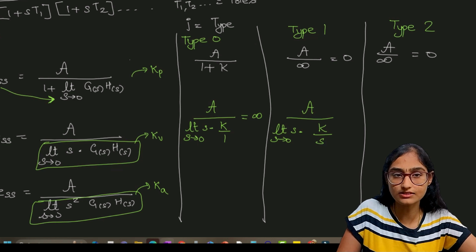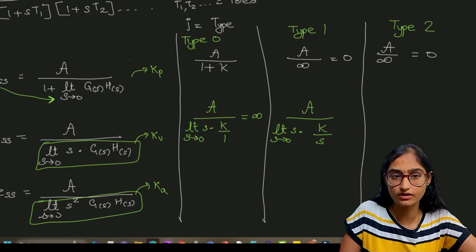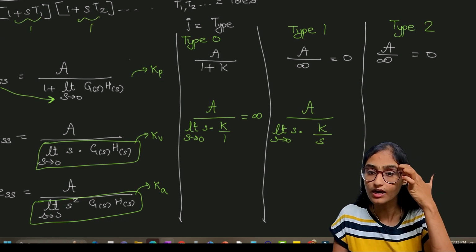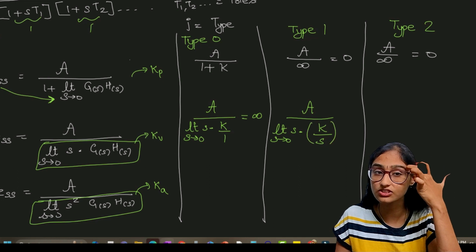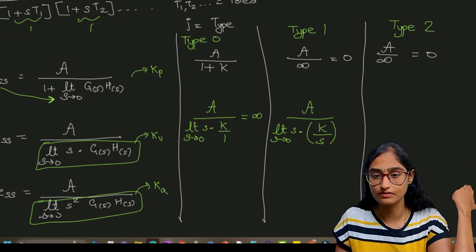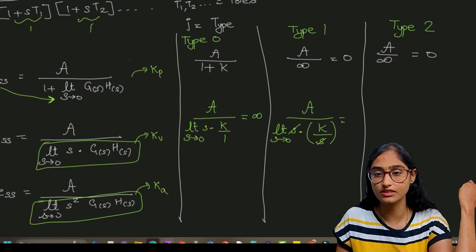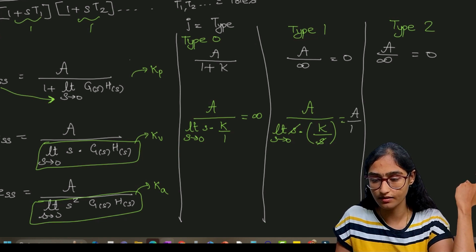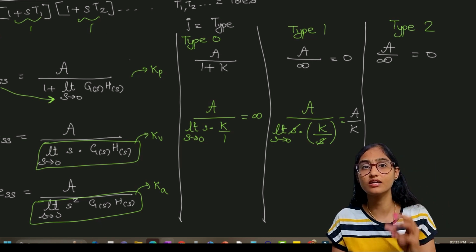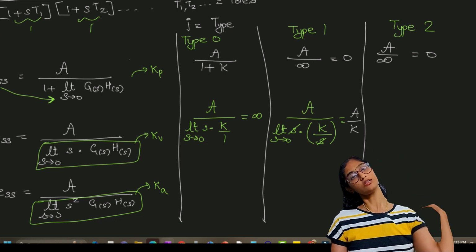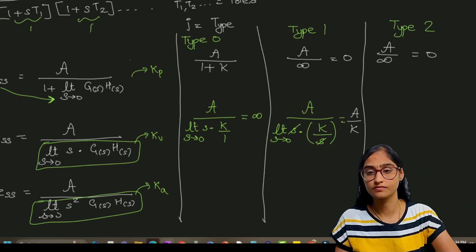And when s tends to 0, all these terms will be 1. 1 plus 0, 1, 1 plus 0, 1, 1 plus 0, 1, and hence g of s, h of s is equal to k by s. So when these two s cancel, we will have a constant error, which is A divided by k, the magnitude of the input divided by the magnitude of the system's gain.